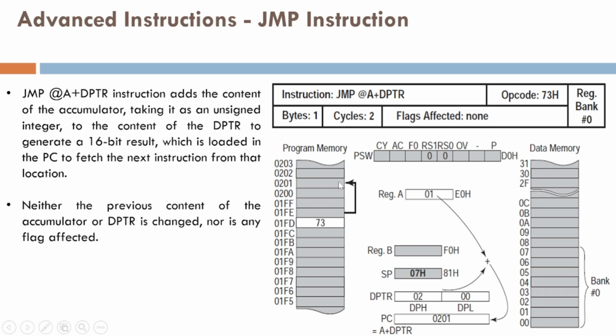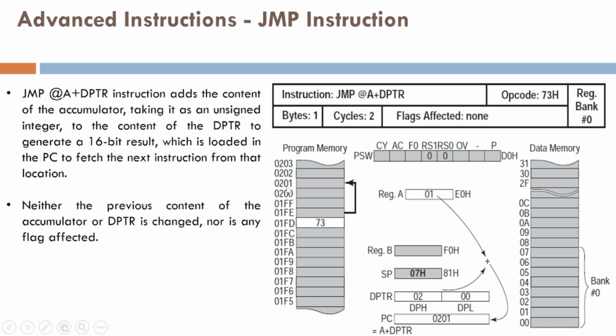Neither the previous content of the accumulator or DPTR is changed, nor is any flag affected in this instruction. We add the present content of DPTR and the accumulator, and the resulting address is loaded into the program counter, and the control automatically switches to 0201.